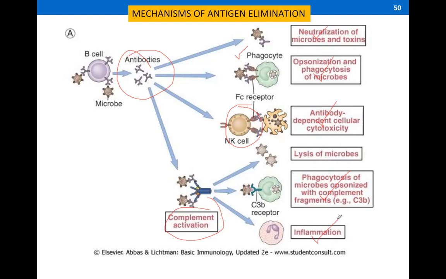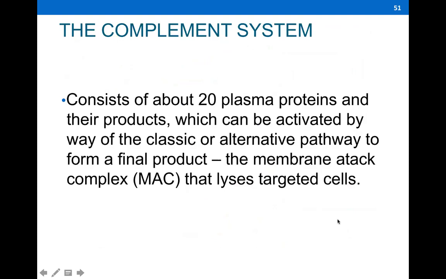Now, it consists of about 20 plasma proteins and their products, which can be activated by way of the classical or alternative pathway to form a final product, as I mentioned, the membrane attack complex. And that's the final product, MAC, and the function of that is to lyse the targeted cells. Right? And we have two: you have the classical and you have the alternative pathway. So what's the difference between the classical and alternative? The classic pathway is initiated by the reaction with antigen-antibody complexes, right?